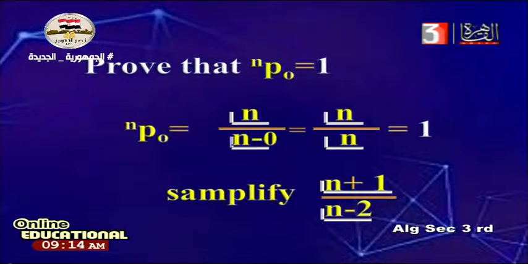Excellent student, factorial n plus 1. Why? Because factorial n plus 1 equals n plus 1 times n times n minus 1 times factorial n minus 2. Look at, simplify.